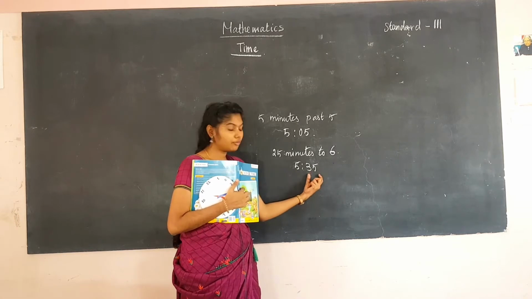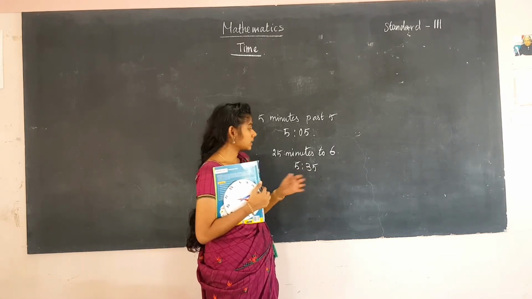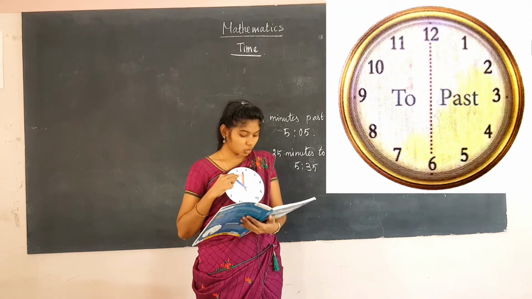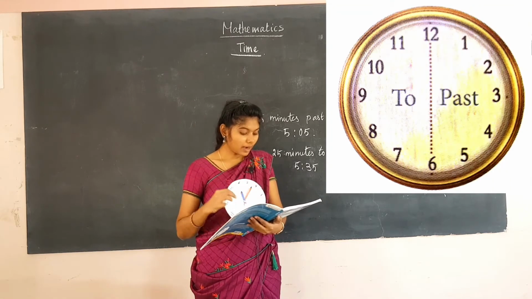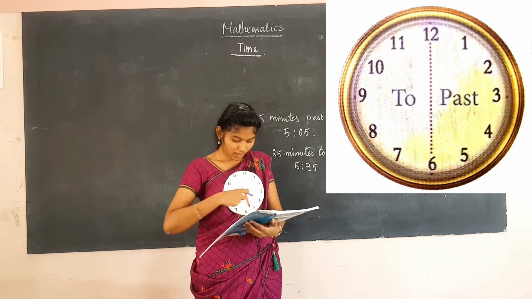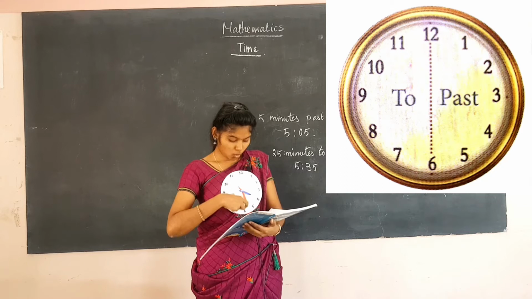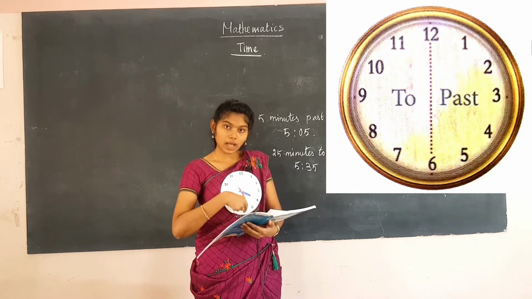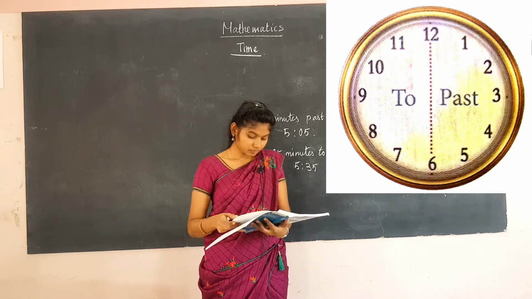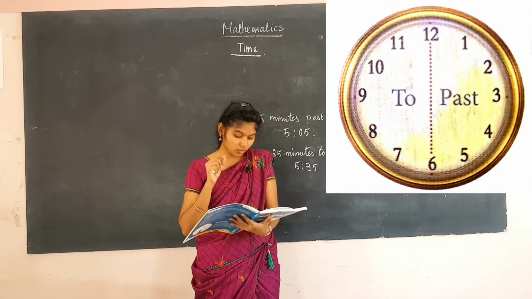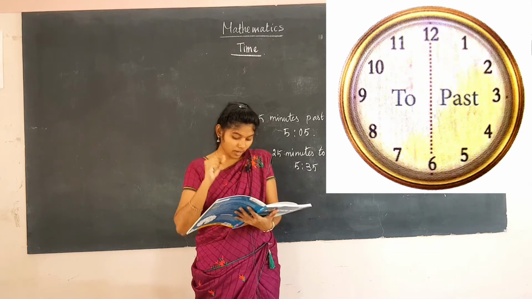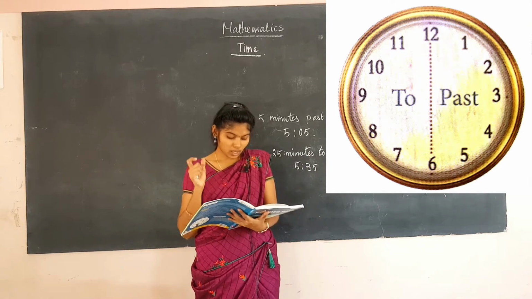So how is that? The clock is split into two halves. The clock face can be divided into two halves. This is one half and this is the other half. Here you use past and here you use to. When the minute hand is on the right half of the clock, the time is read or written as the number of minutes past the hour.